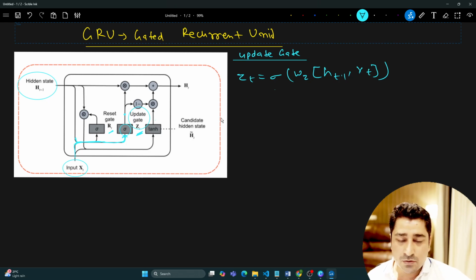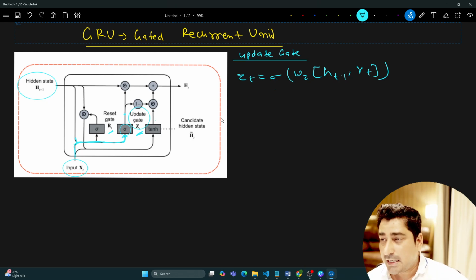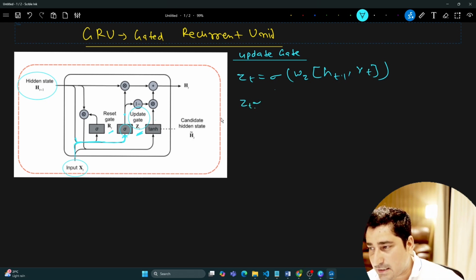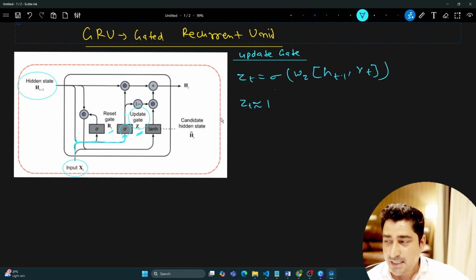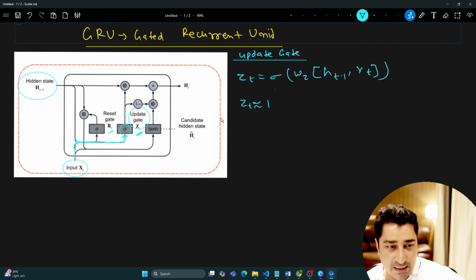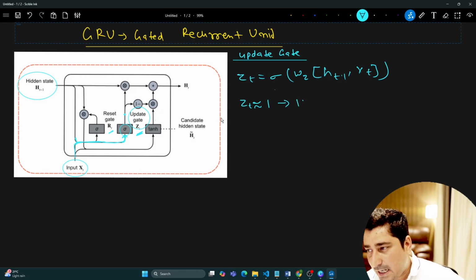So when z of t is approximately equal to 1, it will decide to keep the old memory.